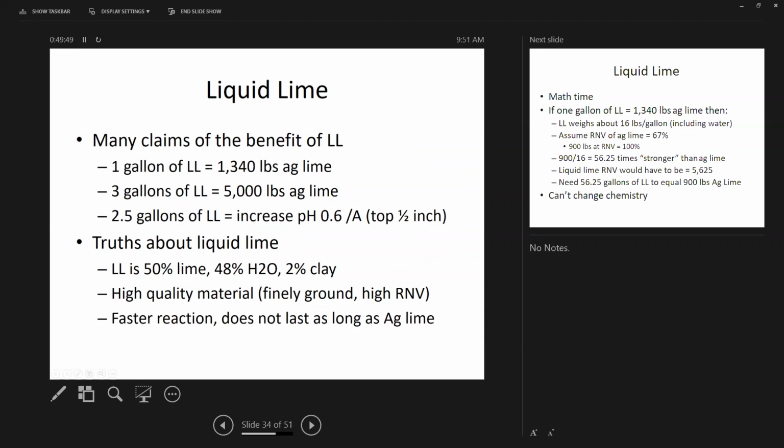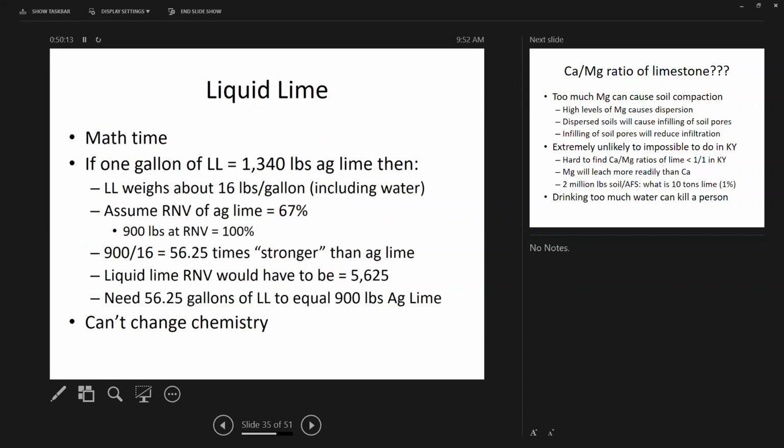So half of it's lime, half of it's water and clay. It is going to be a high quality material, finely ground, high R&V. It's going to have a fast reaction because it's finely ground, so it's going to change a little bit faster than ag lime because you have all the fines, whereas the coarser material is going to break down over time, so you have a longer duration of change.